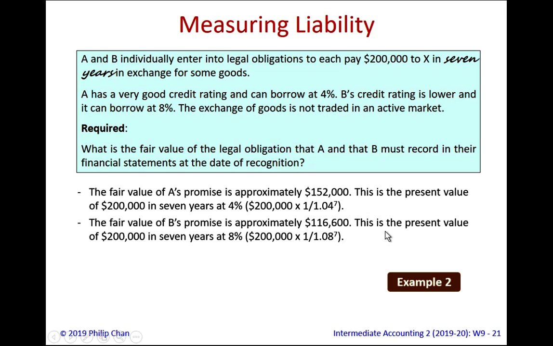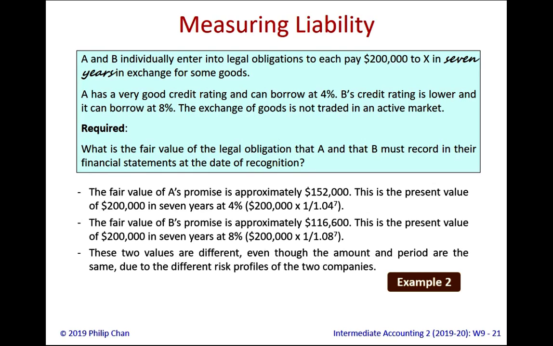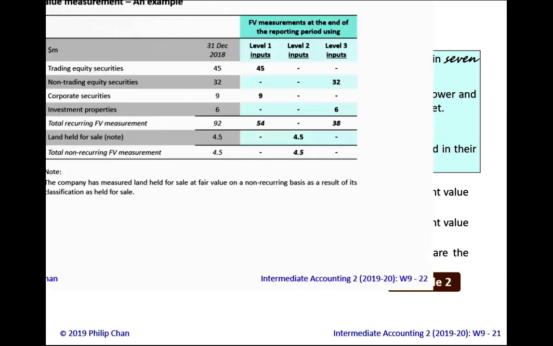So we must pick the interest rate which reflects the credit rating, credit risk or non-performance risk of that company. So the two values are different, even though the amount and periods are the same, due to different risk profiles of the two companies.